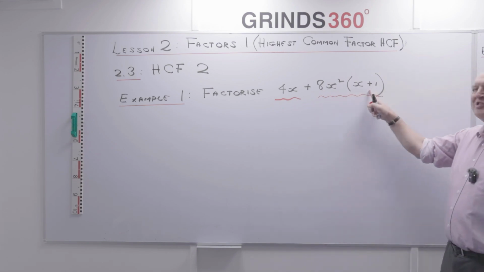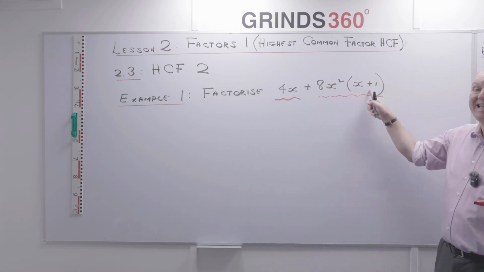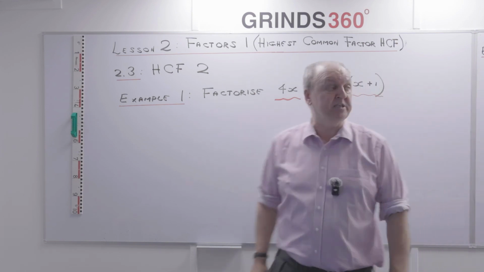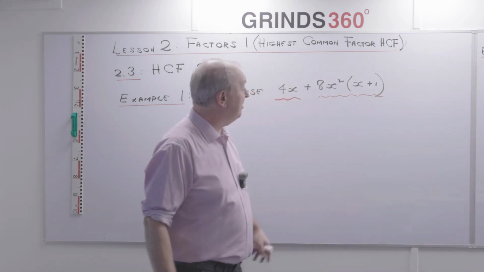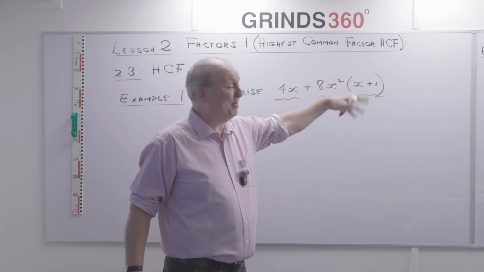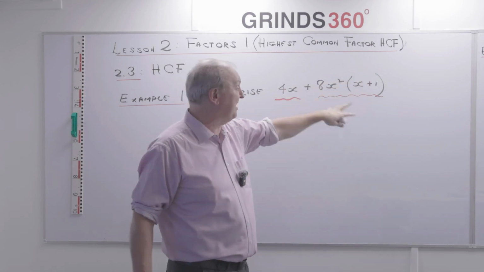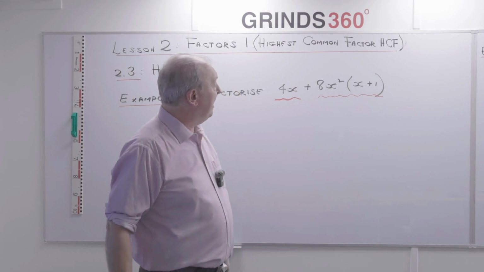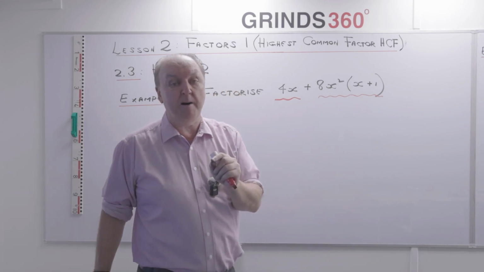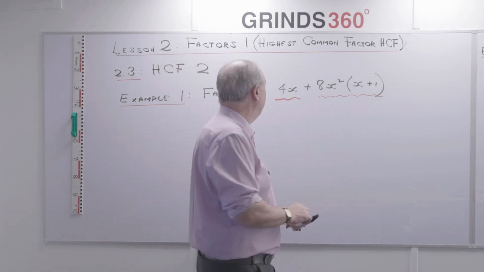Now, I know there's a plus there, but it's buried inside a bracket. So what you really have is 8x squared times (x plus 1). That is a single term. If you expand it, multiply it out, you can turn it into two terms, but right now it's a single term. And what I want to do is take out the HCF from each term.